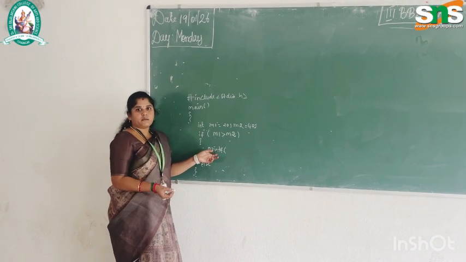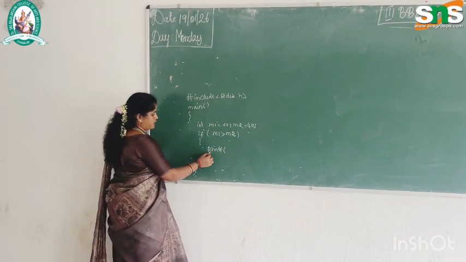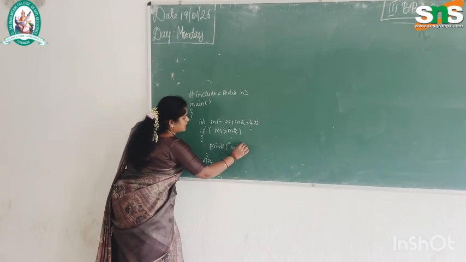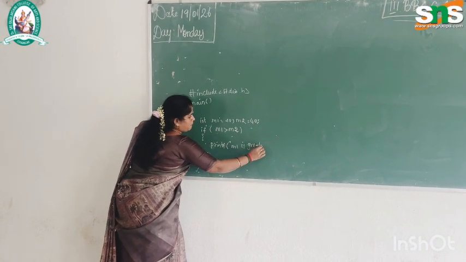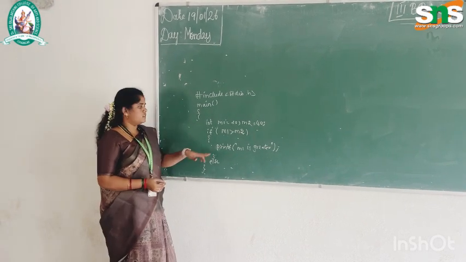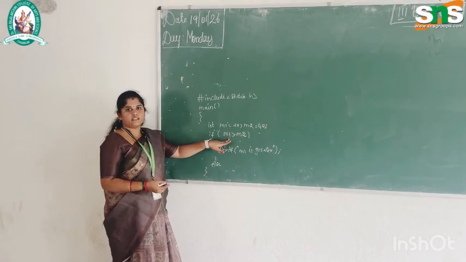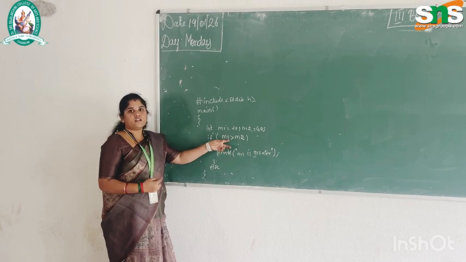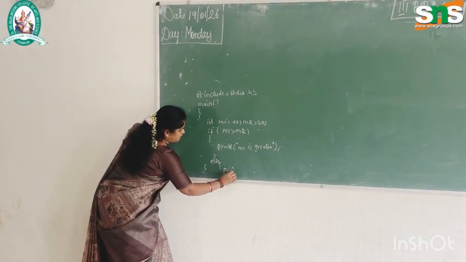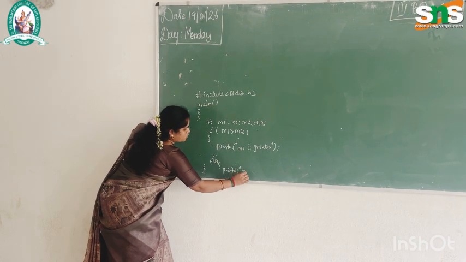So I am giving the statement printf m1 is greater. In case this condition is not met, that is, it is false, what is to be done? In the else part I am giving the statement m2 is greater.